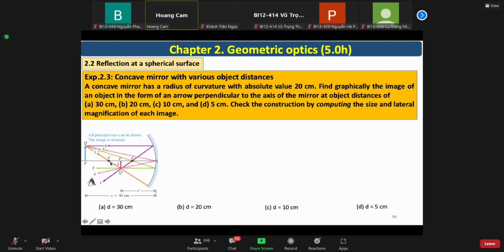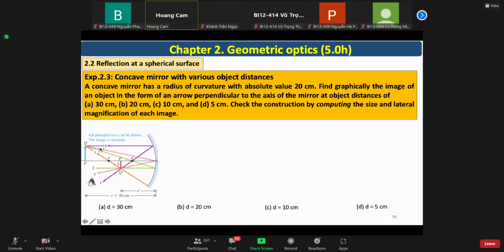So in the first case, we have R equals 20 centimeter and positive because it is the concave mirror in which the center of curvature and the outgoing rays are on the same side. Well noted. The object distance is 30 centimeter, so it is located here.